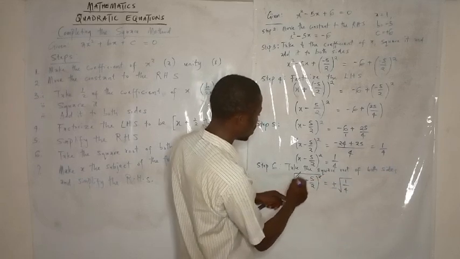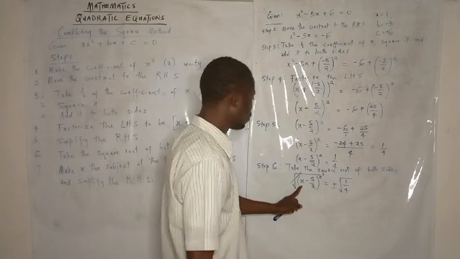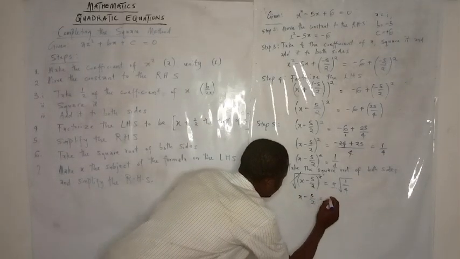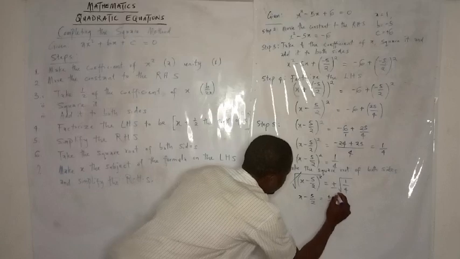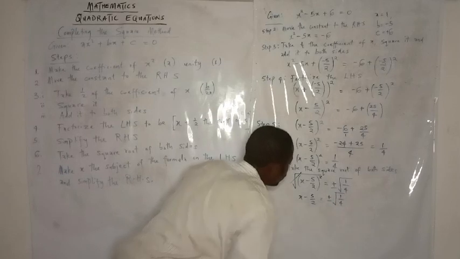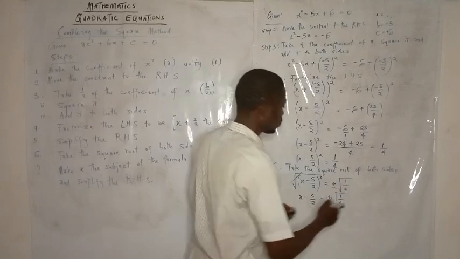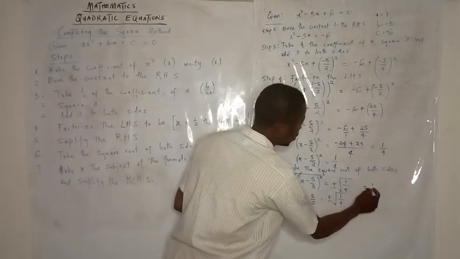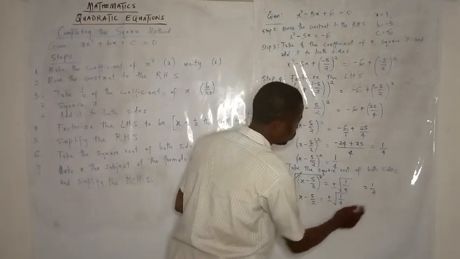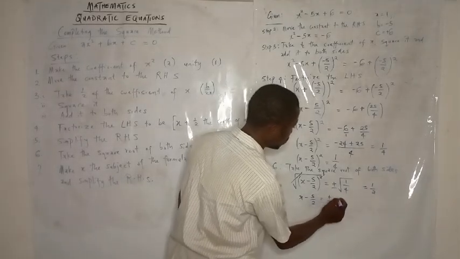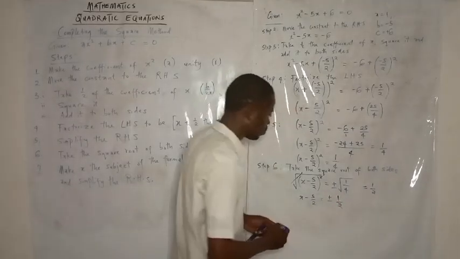Now, we know that the square root of 1 is 1, and the square root of 4 is 2. So in place of this, we can say this will be plus or minus 1 over 2.